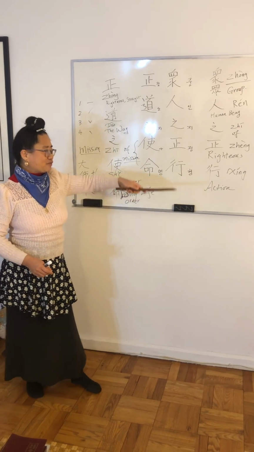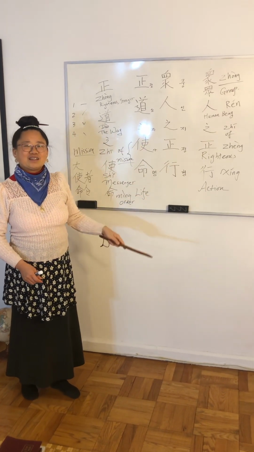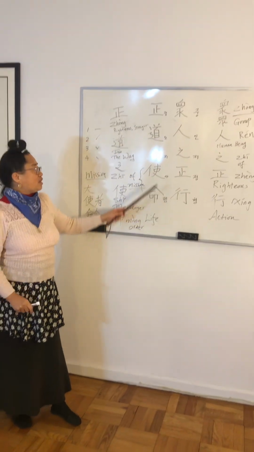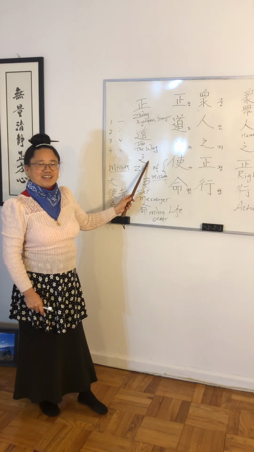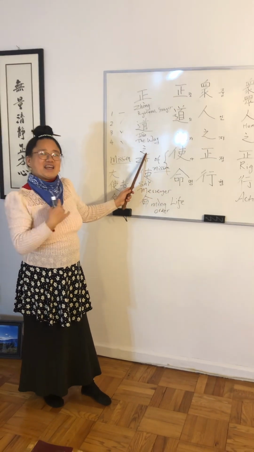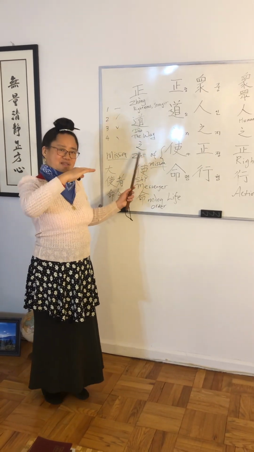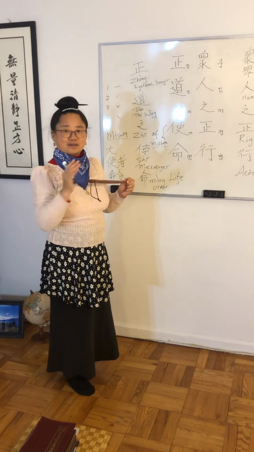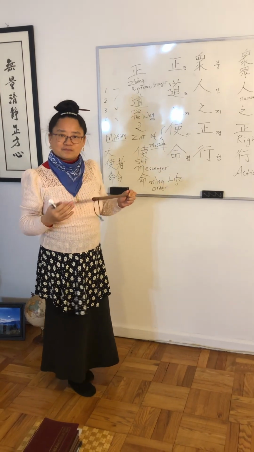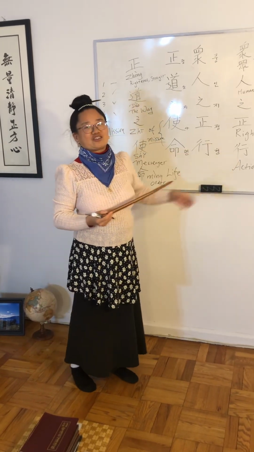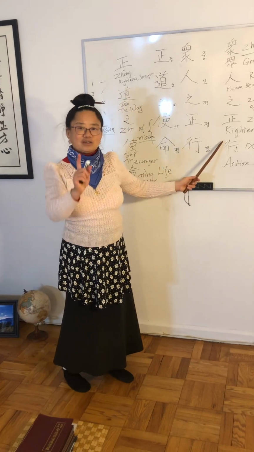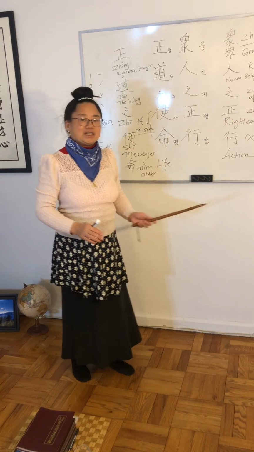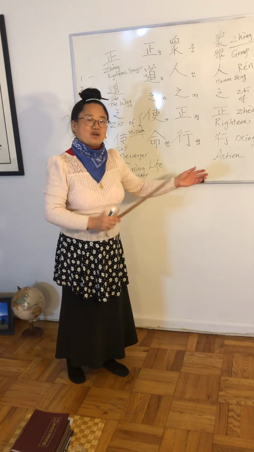There are different levels of righteous actions too. Righteous action is only a manifestation of the righteous way that an individual understands and then elevates to that level. So the righteous way naturally guides people to do righteous action, and righteous action is just a result of the truth.